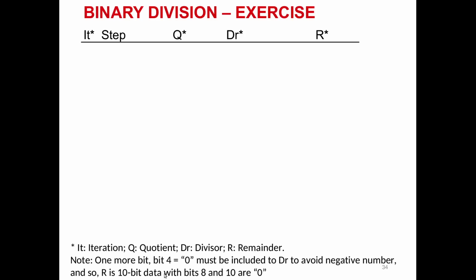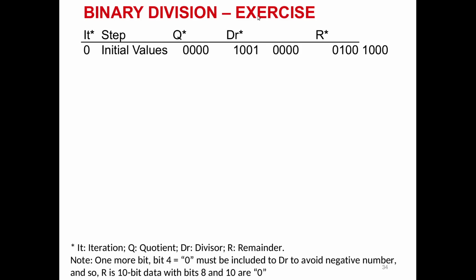Now we go to our exercise. In our exercise, we will have the same thing as the example, but instead of DR equal to 1 0 0 0, it is 1 0 0 1. In other words, R is 72 divided by 9 here.